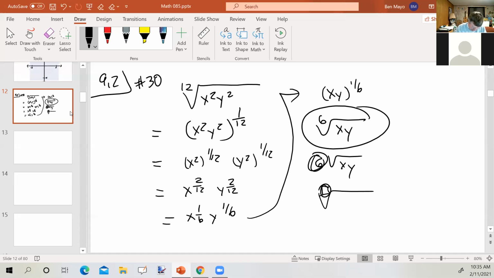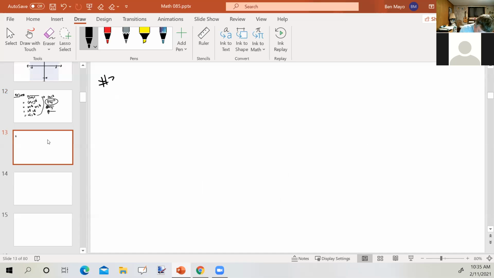And then let's go on and take a look at problem number 37, also from 9.2. And that says, simplify the expression. The variable represents a positive real number. We have t to the 4/3 power, parentheses, t to the 8/3 power, plus t to the negative 4/3 power.